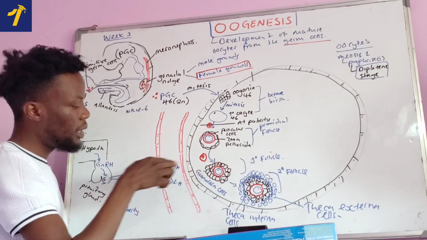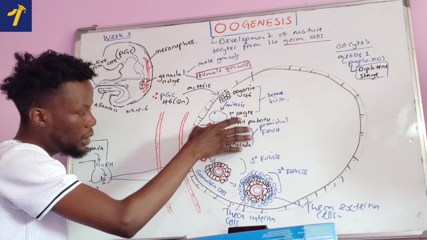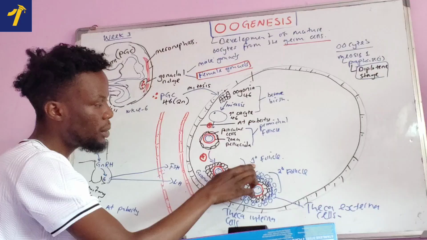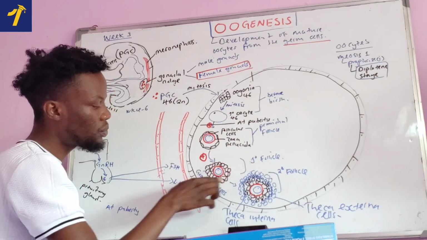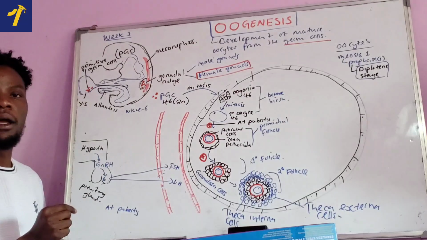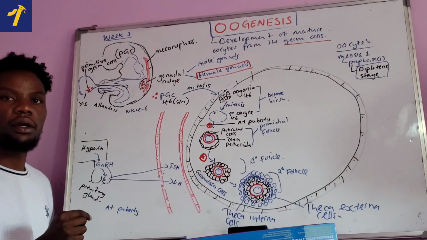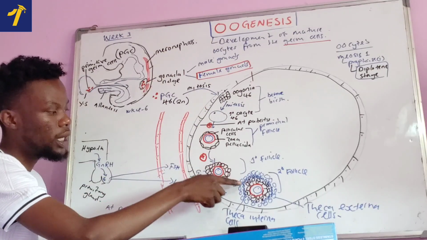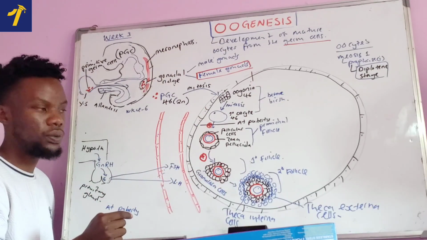Then again, this stage is going to be stimulated into forming what we call the primary follicle. The primary follicle is going to have the granulosa cells, the zona pellucida, as well as what? The primary oocyte. Alright, the primary oocyte is not changing. So we'll look at when the primary oocyte is going to change.